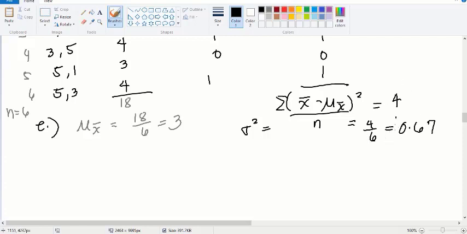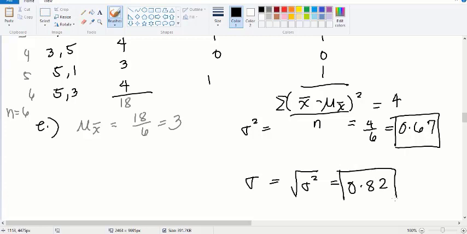Okay. This is your final answer. And the standard deviation is just the square root of the variance. So, calculator again. Square root of that is 0.82. Okay. So, yan ang ating sagot, guys.